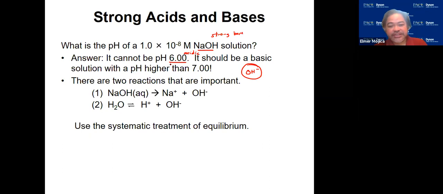Okay? So the thing that you need to remember is there are 2 reactions that are important in this system. And what are these 2 reactions? These 2. Okay? So your hydroxide is not only coming from sodium hydroxide, there's also hydroxide coming from water. So in a case like this, you're going to use the systematic treatment of equilibrium, if you recall what we discussed last week.